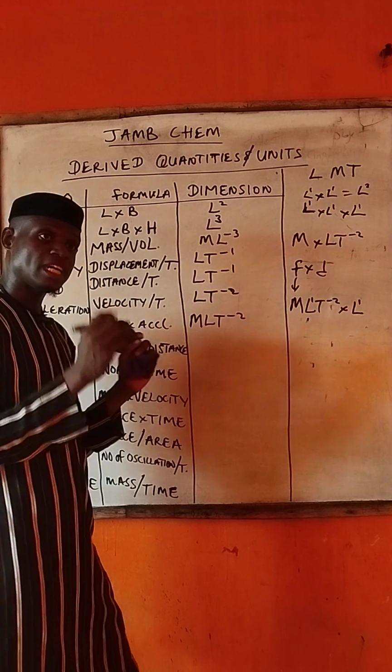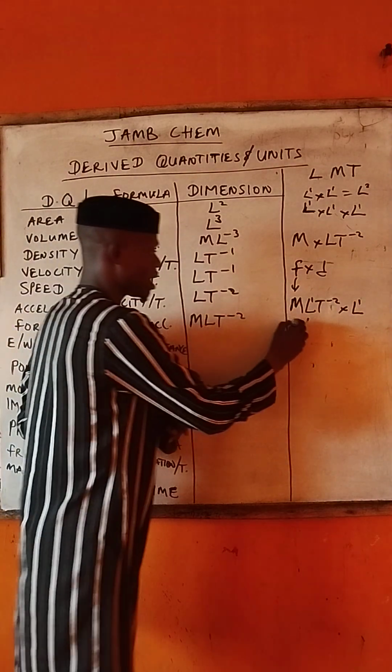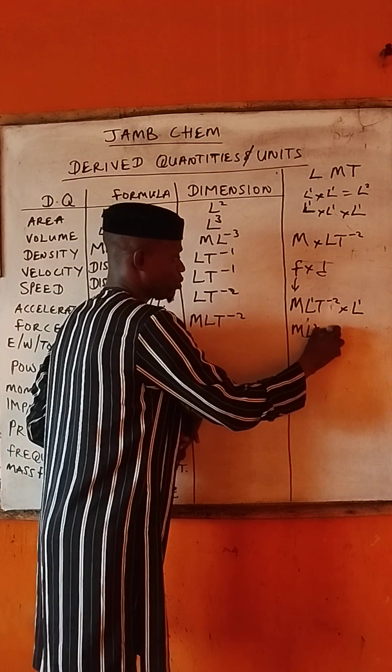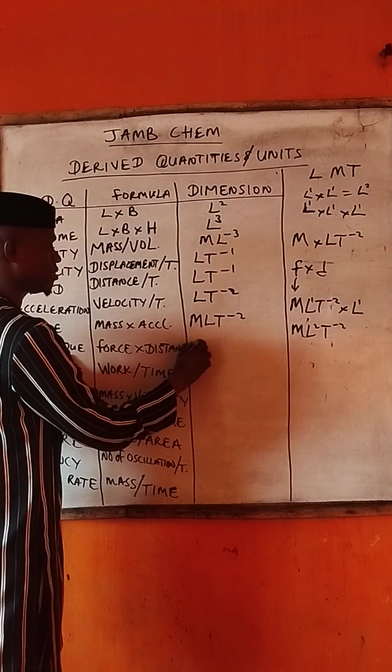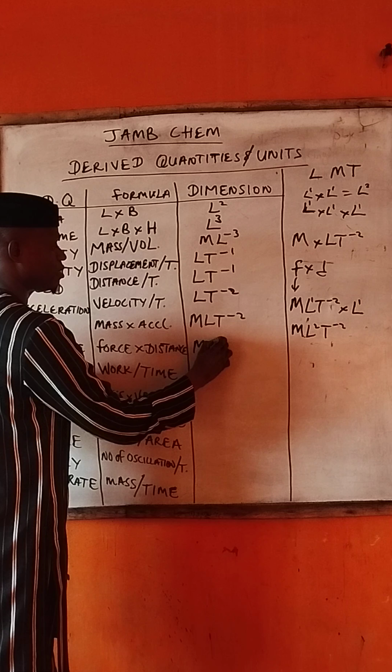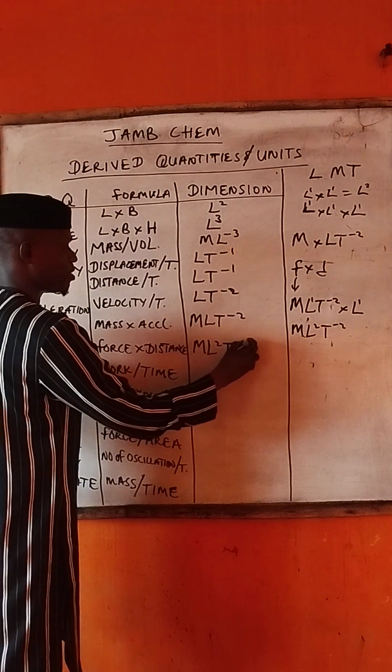If we multiply them together, 1 plus 1 gives 2. So we have ML2 T raised to minus 2. So energy is ML raised to 2 T raised to minus 2.